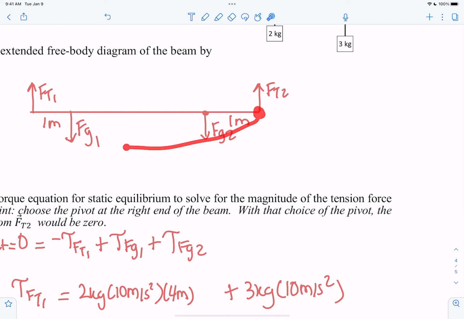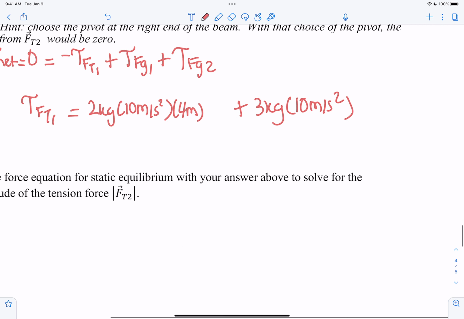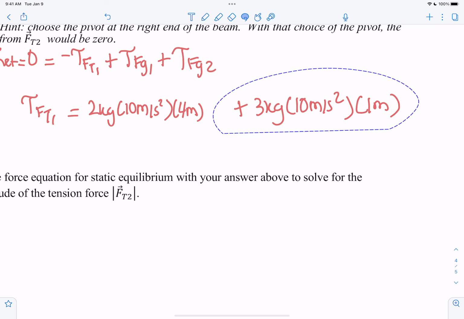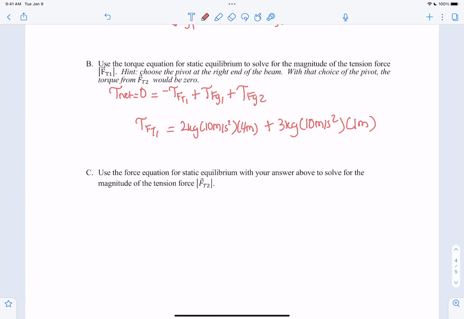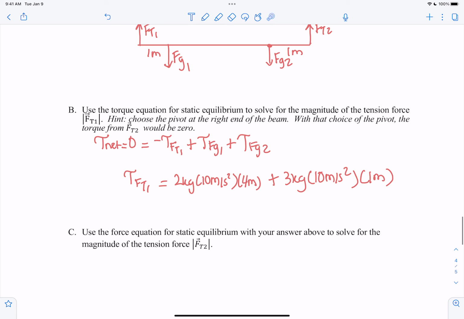This is 4 meters, and right here is 1 meter. I didn't put the sine 90 there because sine 90 is just equal to 1. These will both have a 90-degree angle there, right?